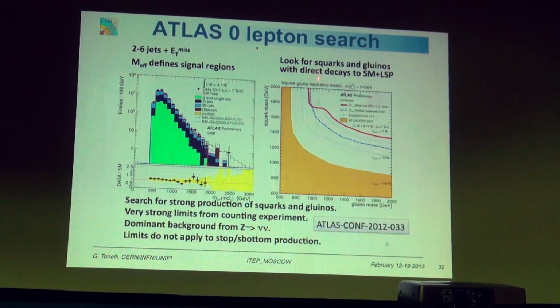And you see that the dominant background, no surprise, is Z to nu nu, Z invisible, that produces a large component of missing ET. At the end, you have limits at the level of 1 TeV.